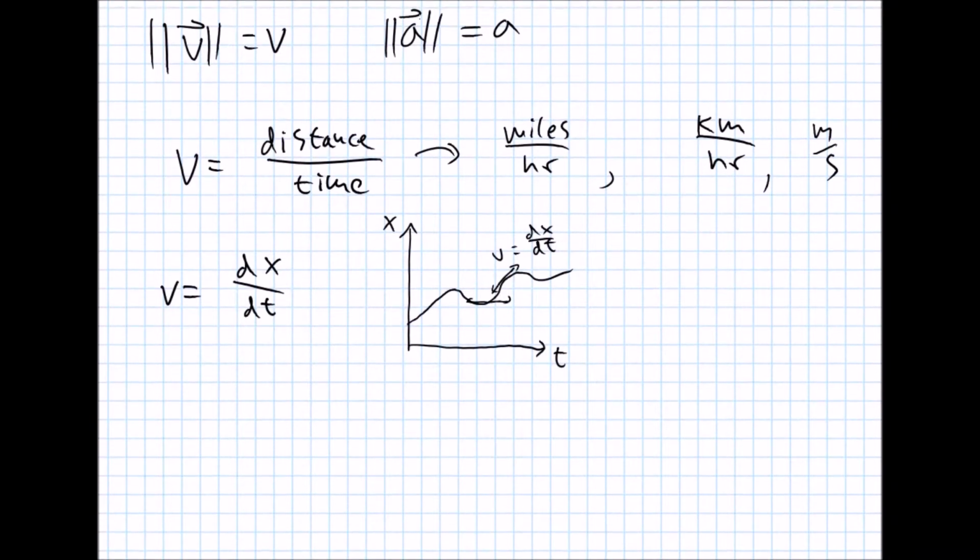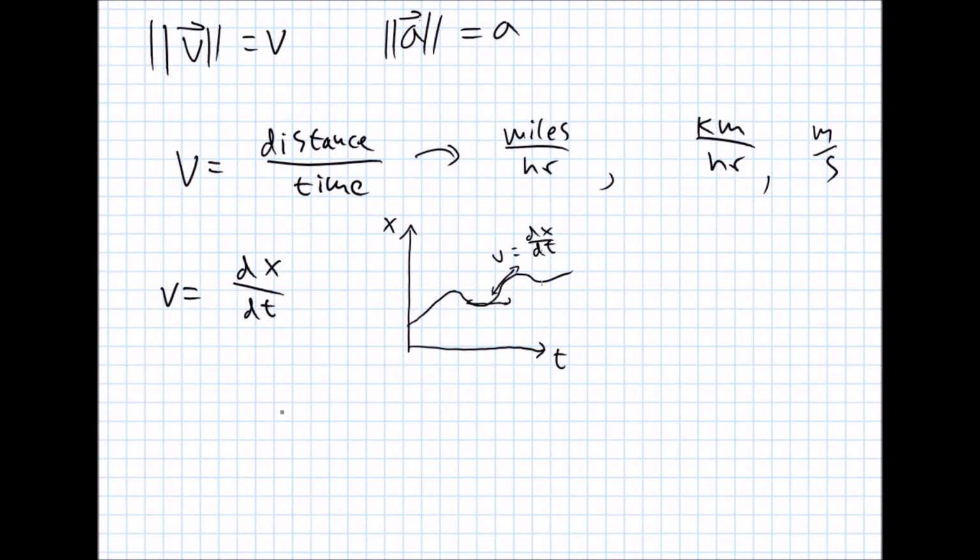So if we have a function for x, which we often don't, but if we do, we can find the velocity because velocity is the derivative of x with respect to t. In this case that I just made up, that's 14t plus 8. So the magnitude of velocity is distance over time, and that is the derivative of the distance versus time function.